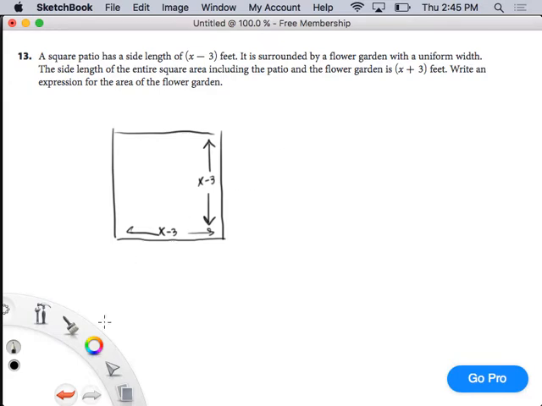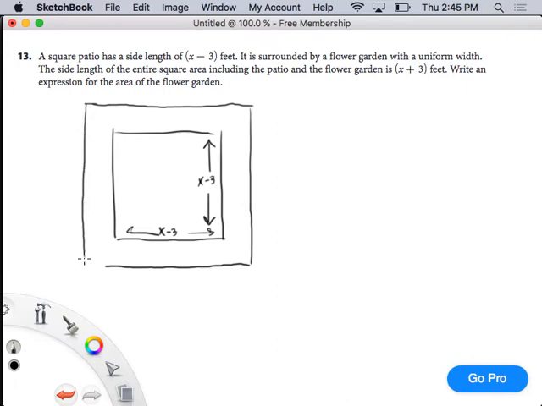And it's surrounded by a garden of uniform width. And the side length of the entire square area, including the patio and the flower garden, is x plus 3 feet. So that's this whole thing here.